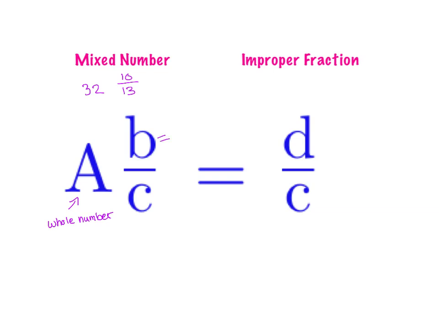What is B going to be? What was 10 in our problem from the last slide? Where did that 10 come from? The remainder. B is the remainder. And C is what we divided by, or what's called the divisor.